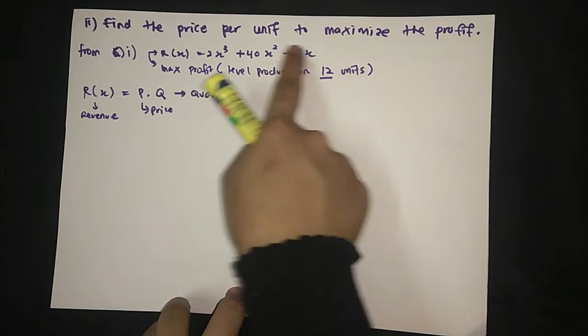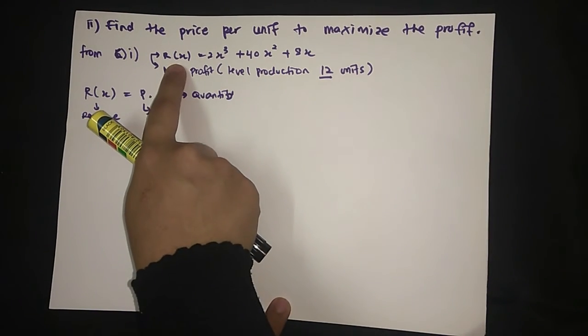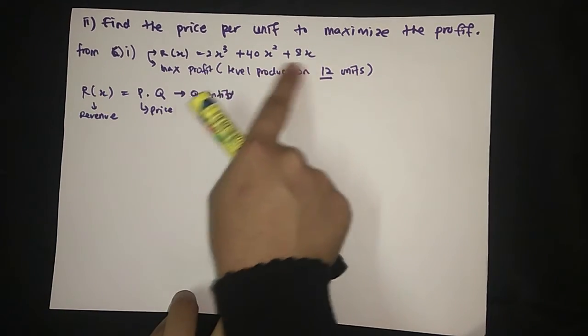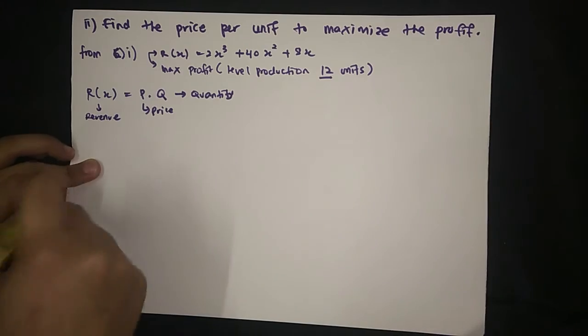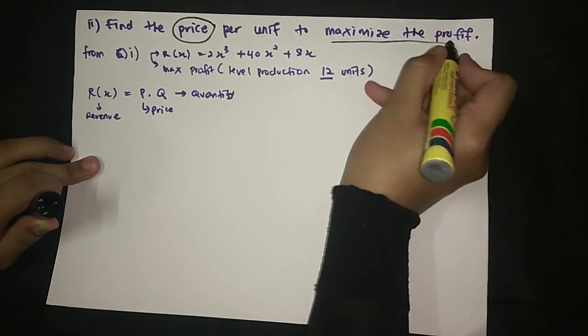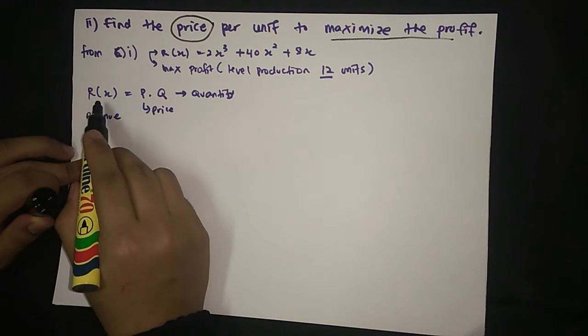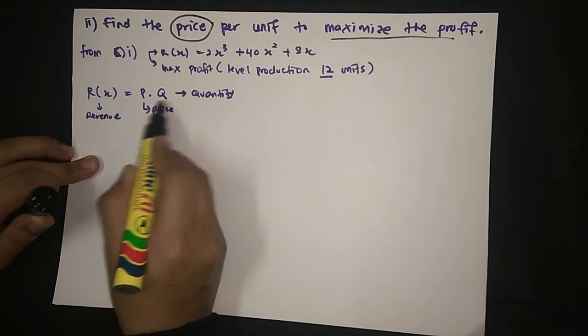Number 2: find the price per unit to maximize the profit. This one is the continuation of the earlier question C1. The maximum profit is at 12 units, so we need to find the price. We know that the revenue function is equal to price times quantity.